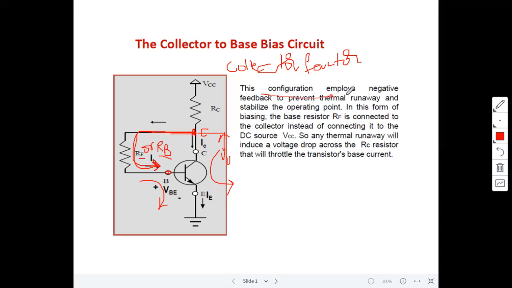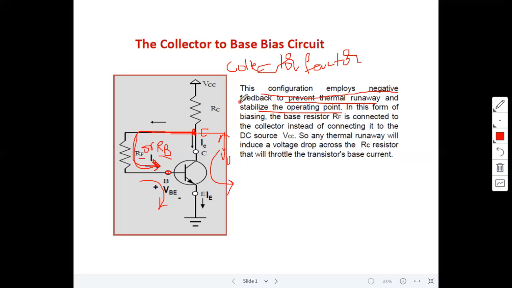This configuration employs negative feedback to prevent thermal runaway and stabilize the operating point. Compared to the previous circuit, the stability of the circuit increases. Why? Because it provides some negative feedback. So far we don't know what positive feedback and negative feedback are.